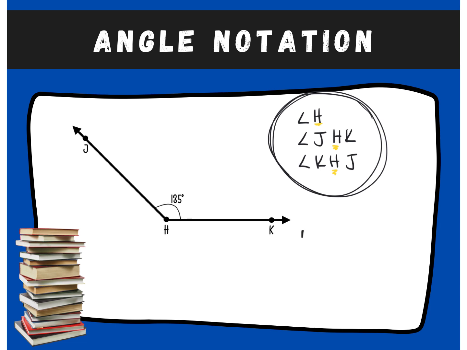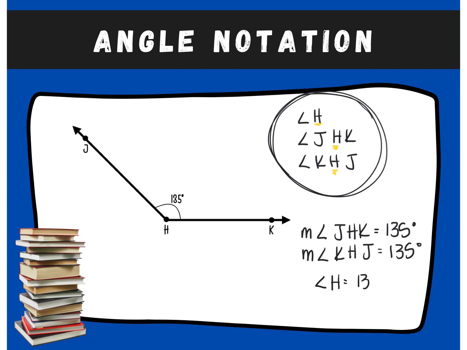I would say the measure of angle JHK is equal to 135. Or I could say the measure of angle KHJ is equal to 135. But I wouldn't be using my notation correctly if I said angle H equals 135.